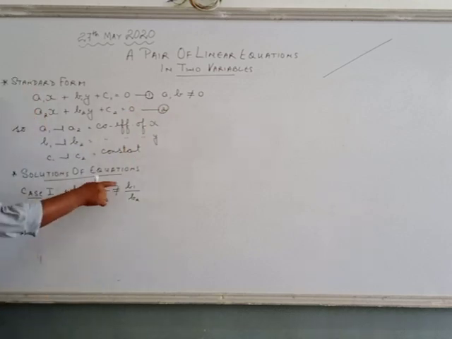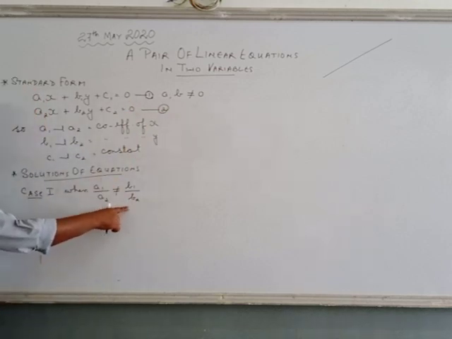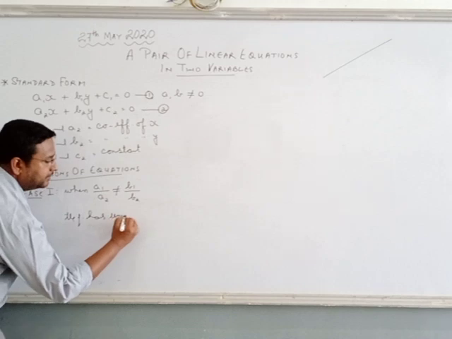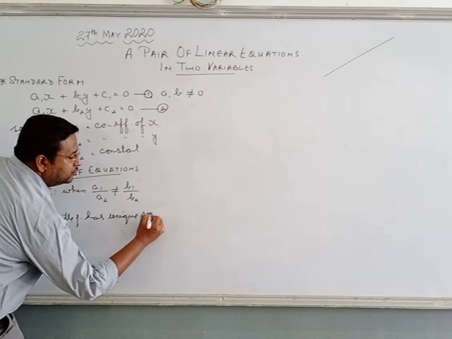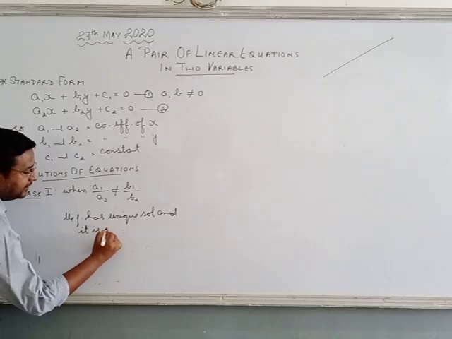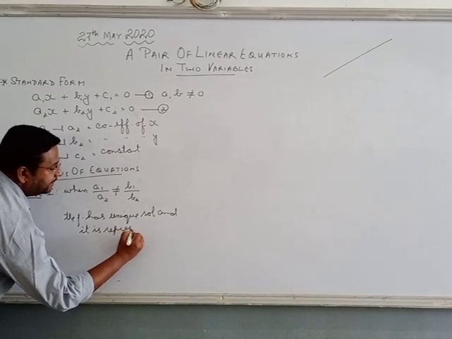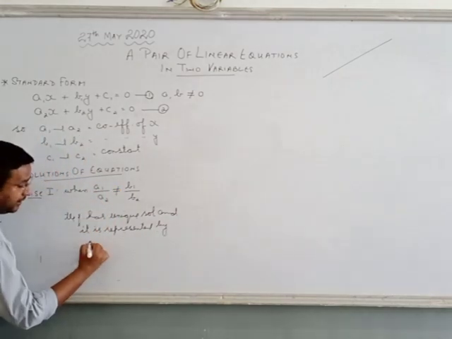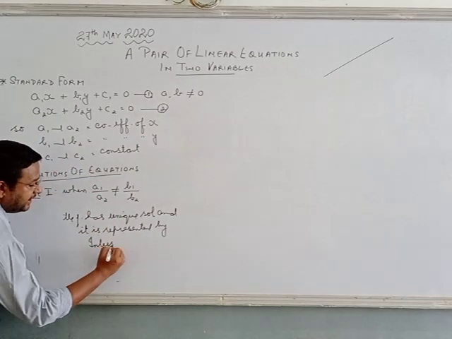When a1 upon a2 is not equal to b1 upon b2, we say the equation has a unique solution and it is represented by intersecting lines.